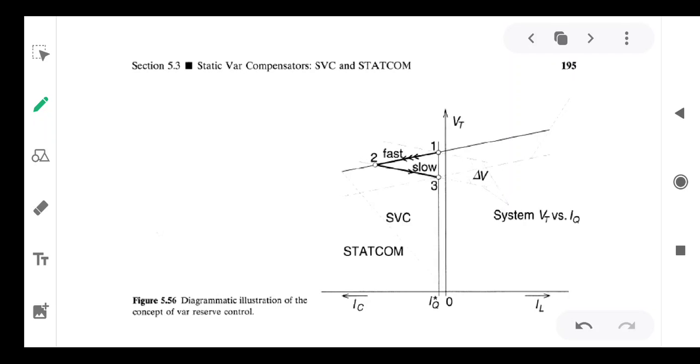Here the operating points are there, 1, 2, 3. Operating point 1 is the original operating point.